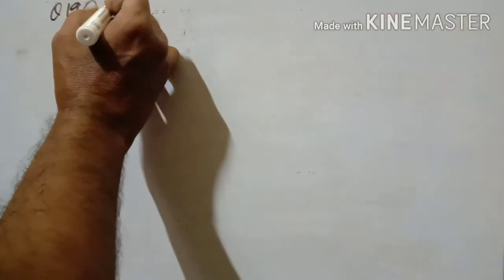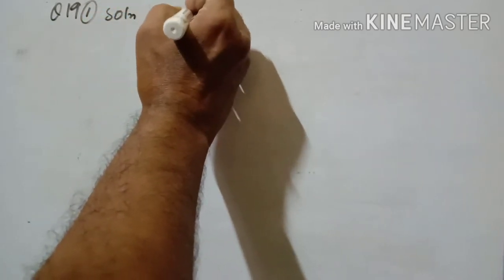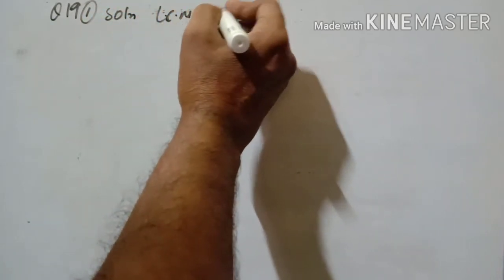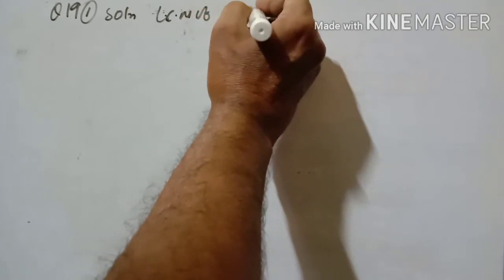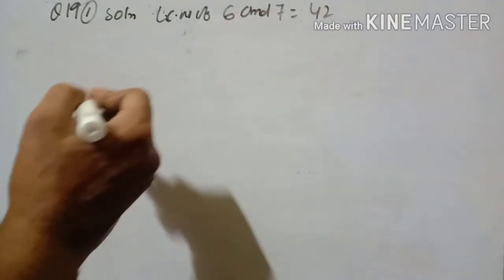Question 19. Which ratio is greater? Means you have to compare which ratio is greater. So first of all, write down solution. LCM of 6 and 7, as we know, is 42.